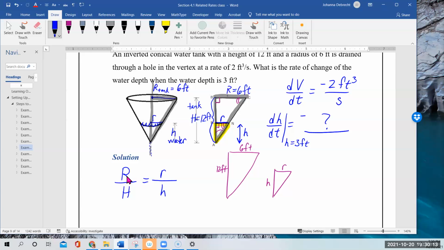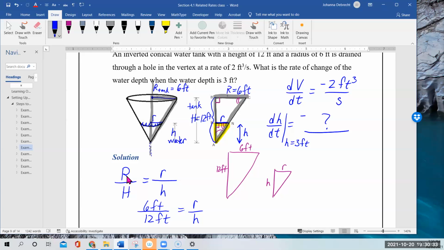I know that the radius of the tank never changes. It's always 6 feet. The height of the tank never changes. It's always 12 feet. This then gives me a relationship between the radius of the water layer and the height of the water layer.